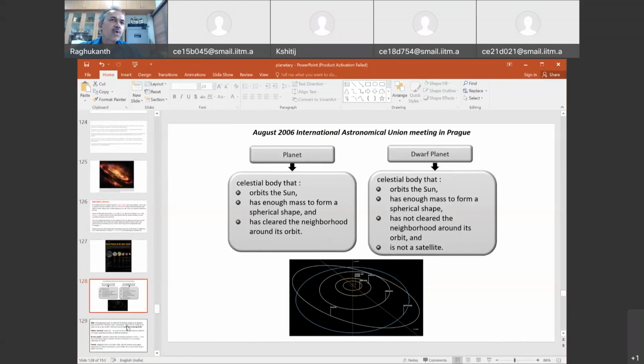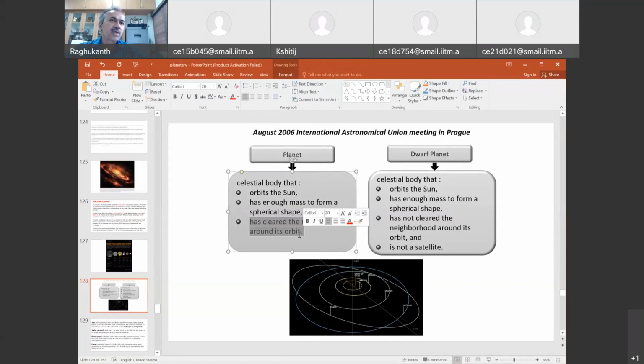And Pluto doesn't satisfy the third criterion, because some trans-Neptunian objects are there, with intersections in their orbits. So Pluto has been made a dwarf planet rather than a planet.